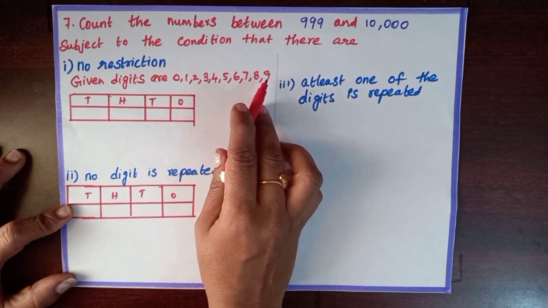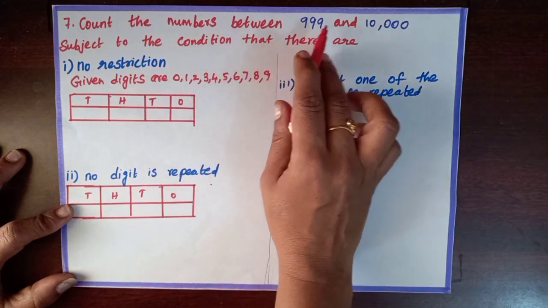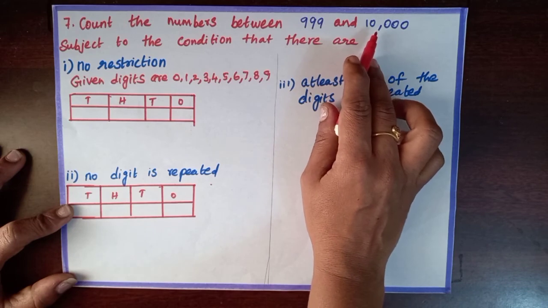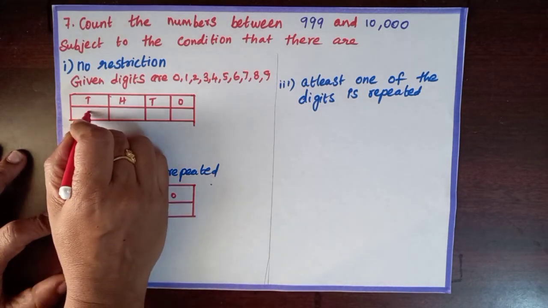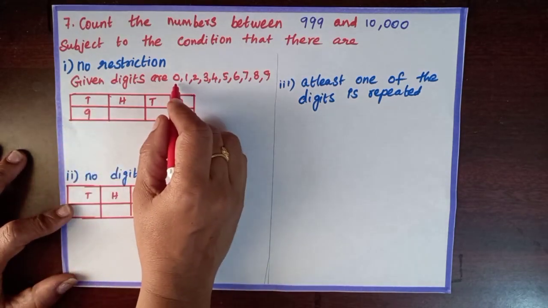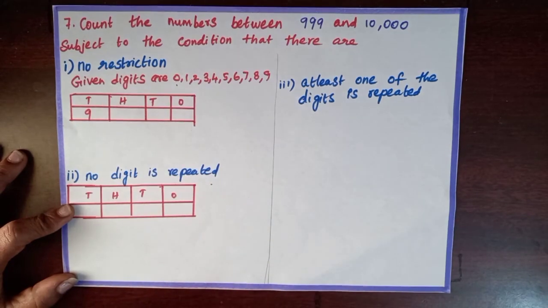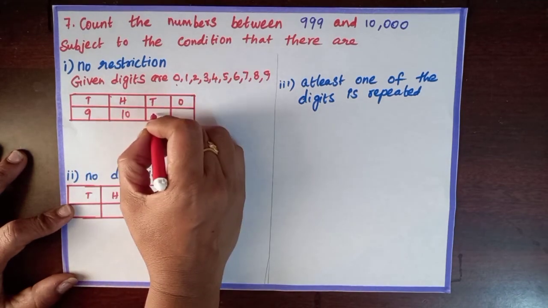Since we need numbers between 999 and 10,000, it has only 4 digits. The thousands place can be filled in 9 ways, excluding 0. Since there is no restriction, the hundreds place, tens place and unit place can be filled in 10 ways each using all the digits. So, 10 ways.